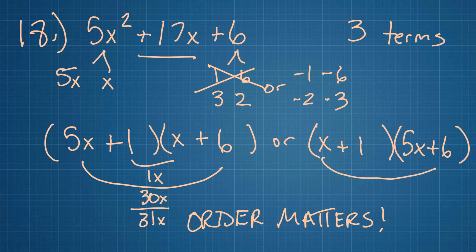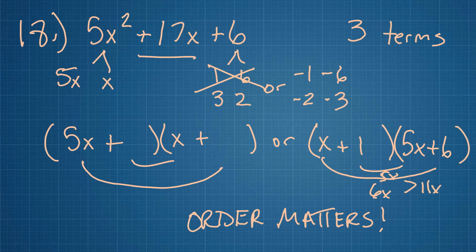I get x and 6, that's 6x, and 5x, together that's 11x, also not 17x. So I know 1 and 6 is not going to work no matter which method I use. So maybe I'm going to try 2 and 3 and 2 now.